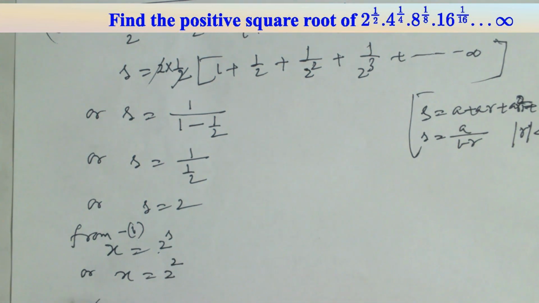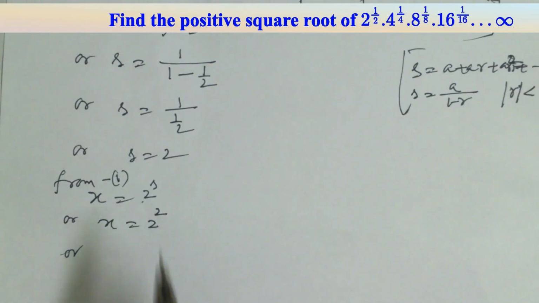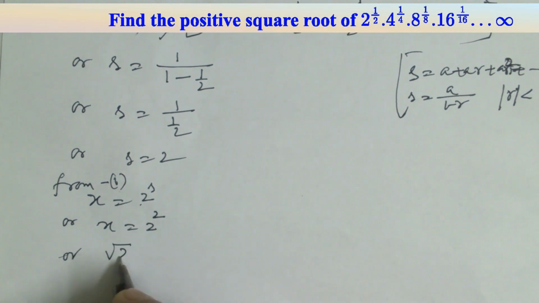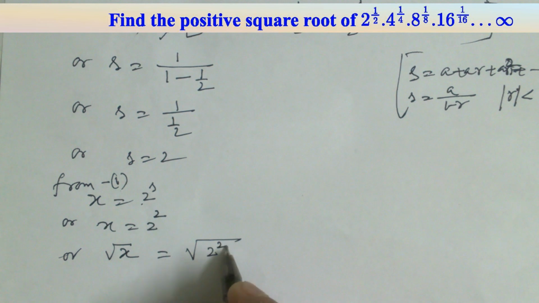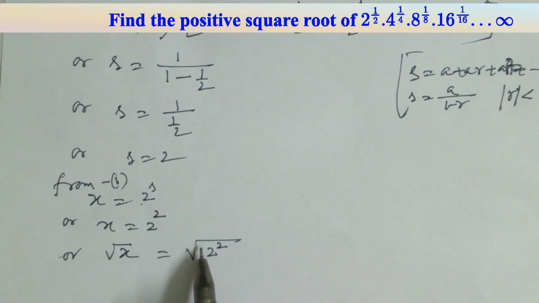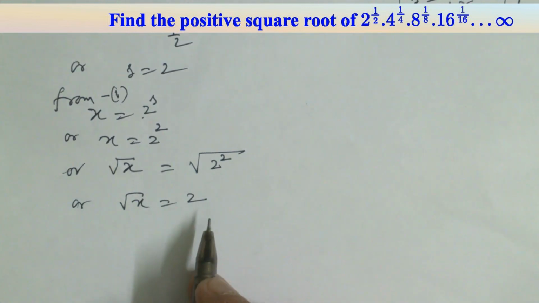Our question was to find the positive square root of that expression, that means x. So root over x is equal to root over 2 square. As the question is find the positive square root, we are not considering plus and minus. Therefore root over x is equal to root over 2 square, which means 2. Therefore the answer is 2.